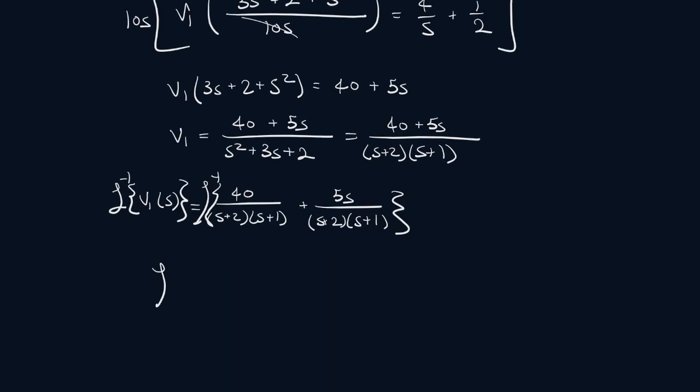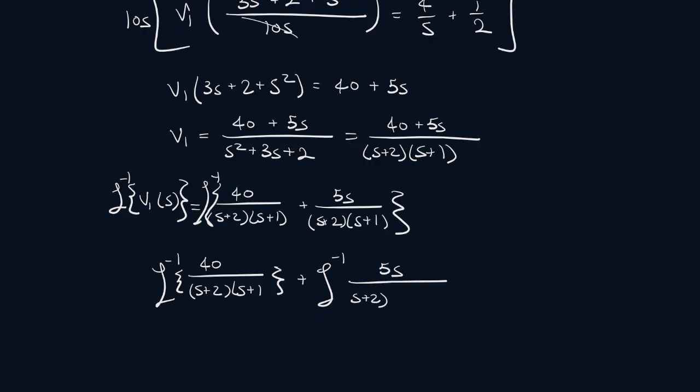So we will do two inverse Laplaces. So inverse Laplace of 40 all over s plus 2 times s plus 1 plus inverse Laplace of 5s all over s plus 2 times s plus 1.